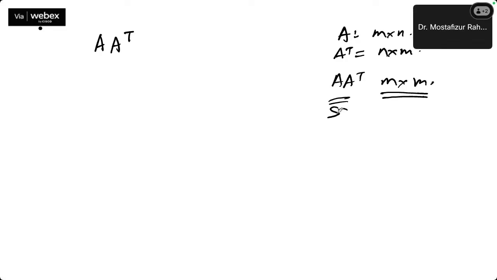Now A is M cross N and A transpose is N cross M. Then A A transpose will be an M cross M matrix, because I have M independent rows and my solution should be designed using that, because that is the rank of the system. So I have created a square matrix out of this.